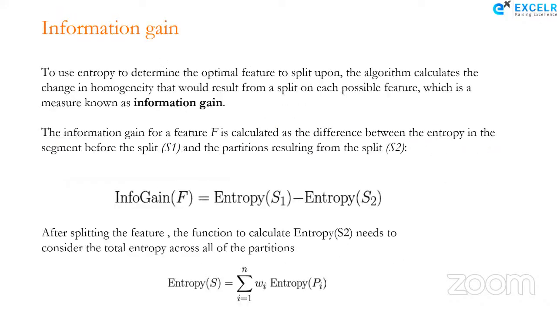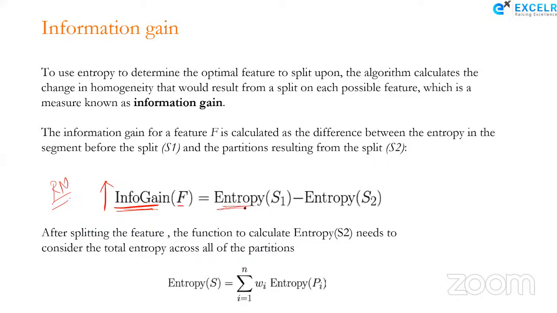So let us look at this. This is the information gain. We have to calculate the information gain for each feature in our data set, and the feature which gives the maximum information gain will be chosen as my root node. For that we need to understand how to calculate the entropy.